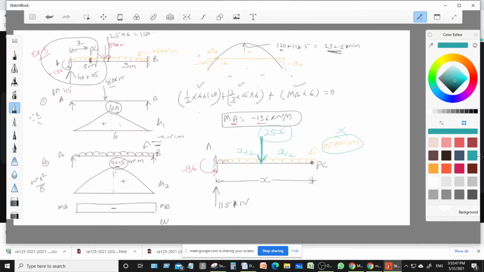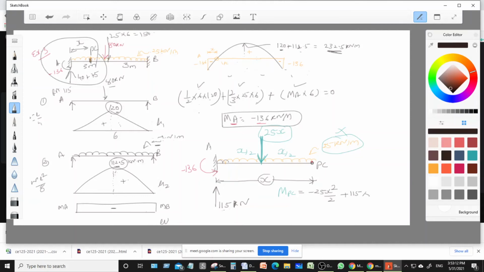So we take the moment at PC, that is equal to minus 25x into x by 2, so minus 25x square by 2, then plus 115 force into distance.